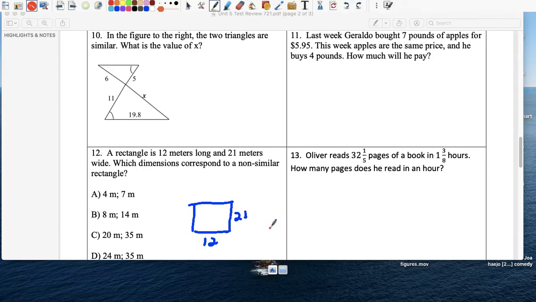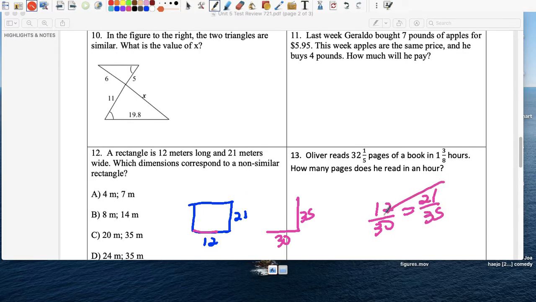So the next one we have 30 and 35. Sorry, let me make my rectangle. So you can set up proportions. This is 30, this is 35. So we go 12 to 30, right? The ratio of this to this should equal the ratio of the width, which is 21 over 35.